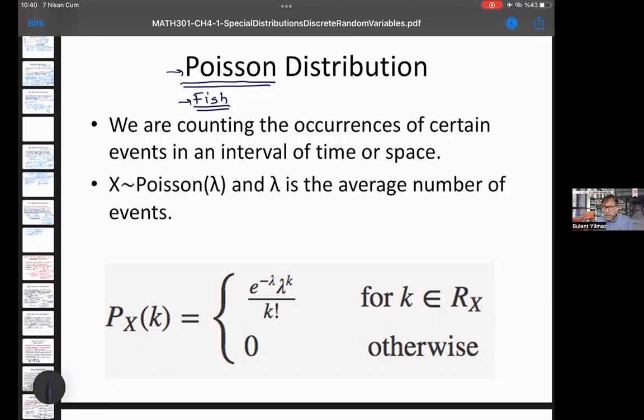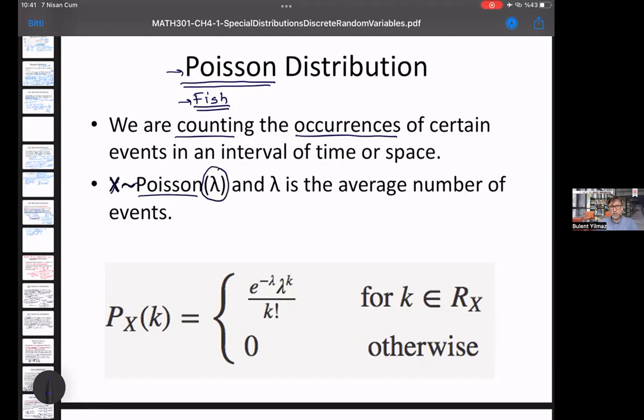Okay, these are like counting occurrences. We are counting occurrences, but it has to be in a specific time or space, in a certain space or certain time interval.